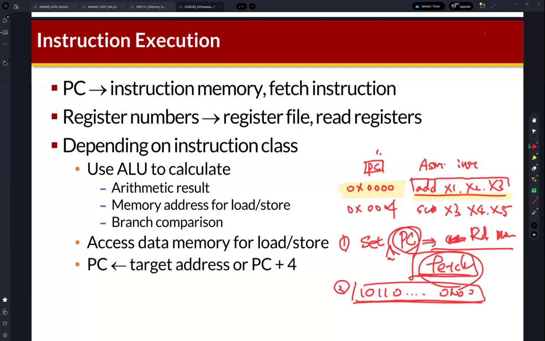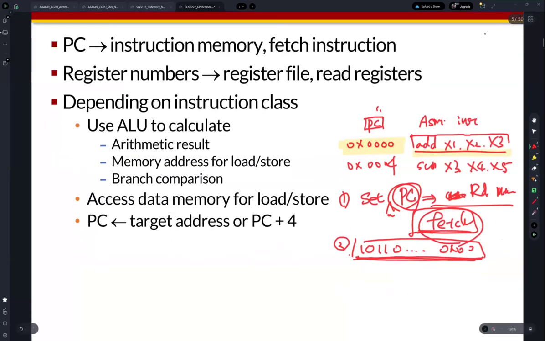If assembly instructions are encoded into machine code, then machine code has the binary data format, right? And this binary data is stored in memory, so it will be read from the memory.